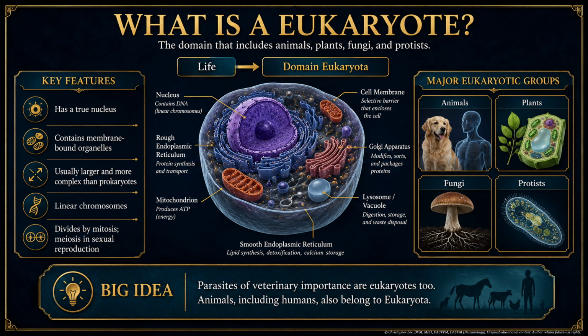Bacteria and archaea lack a membrane-bound nucleus and are called prokaryotes. This matters because animal hosts belong within eukaryota, and so do the veterinary parasites we're focusing on in this video. A dog, cow, horse, cat, bird, fish, and human are all eukaryotes. So are protozoa, helminths, and arthropods.